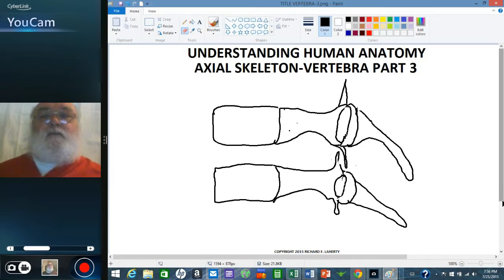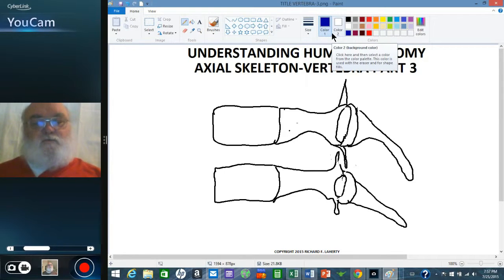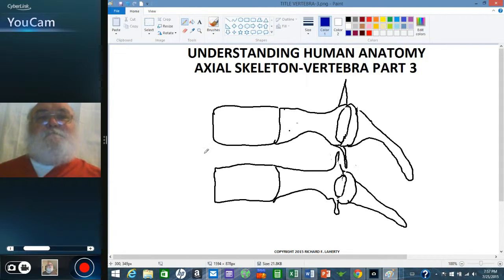Now, you notice that there is a gap between the bodies of the two vertebrae. This gap is occupied by the intervertebral disc, and I'm going to draw the disc in blue.